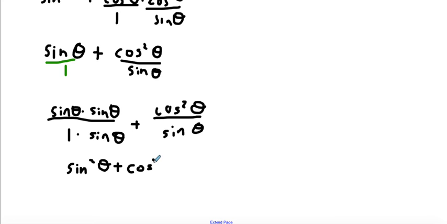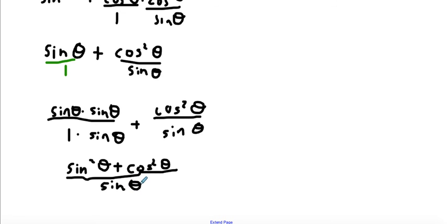And hopefully now you're seeing that that's going to be a Pythagorean identity. Remember we wrote this down as your Pythagorean theorem identity that said sine squared plus cosine squared equals a value. Do you remember what that is? And hopefully you're saying, yeah, that's 1.